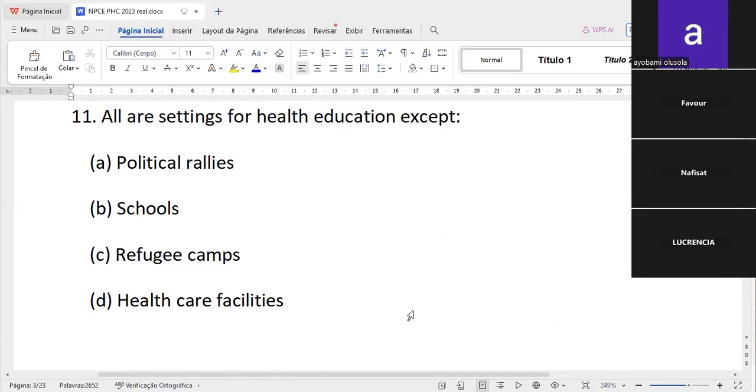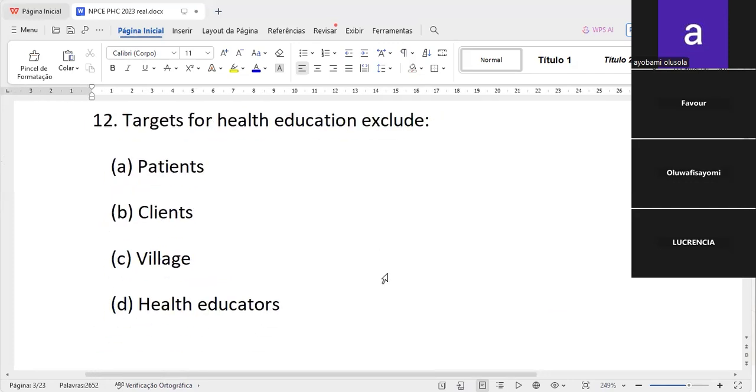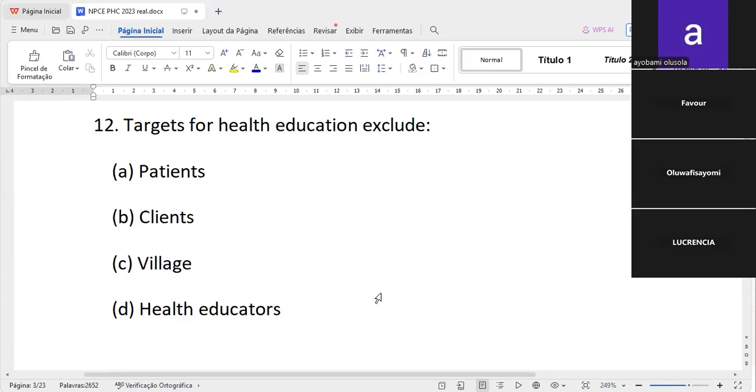All are settings for health education except, what's your answer? Political rallies, of course, because target for health education exclude health educators because they are already educated.